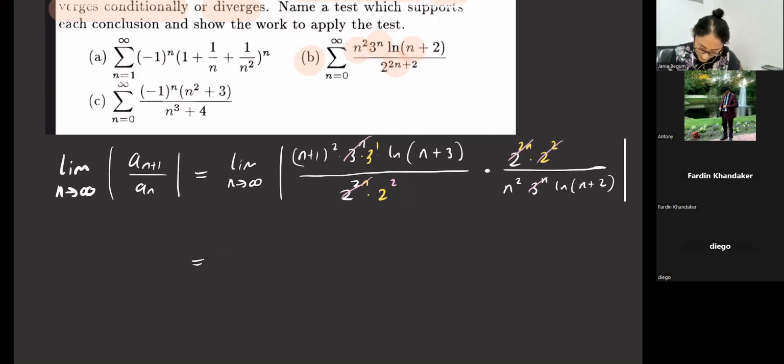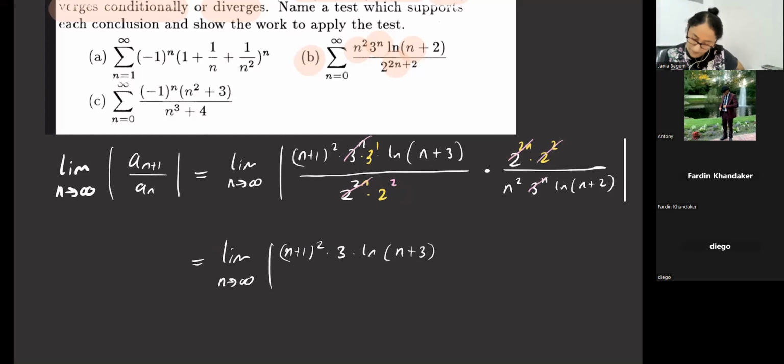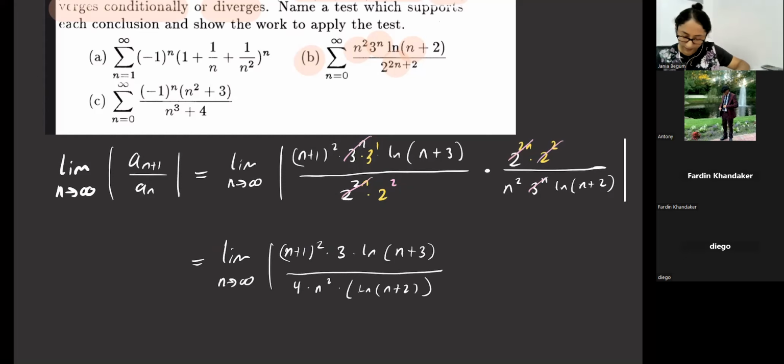Now this would give us the limit as n approaches infinity of n plus 1 squared times 3 times ln of n plus 3, all over 2 to the second power, that will be 4 times n squared times ln of n plus 2. Okay. Now, can we take the limit?